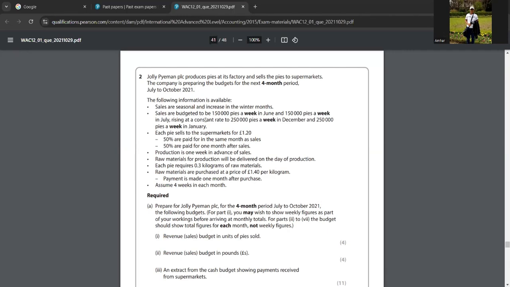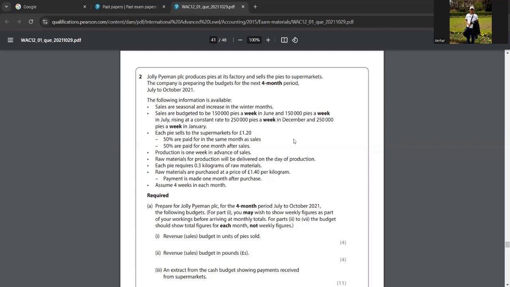Sales are budgeted to be 150,000 pies a week in June and 150,000 pies a week in July, rising at a constant rate to 250,000 pies a week in December and 250,000 pies a week in January. So by this second point, you have to prepare the first part, that is revenue sales budget in units.